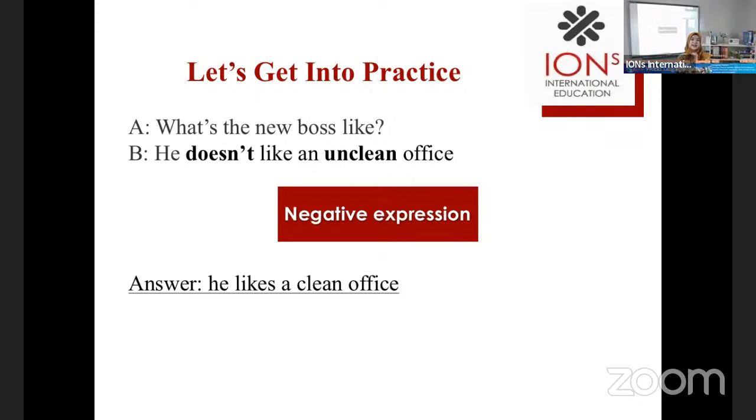Begitu ya, jadi sinonimnya. Oke, jadi di sini teman-teman harus tahu bagaimana mencari the restatement of the idea. Jadi idenya, yang harus diperhatikan adalah idenya. Okay, pay attention to the idea, not the sentences. Doesn't like unclean office means he likes clean office.